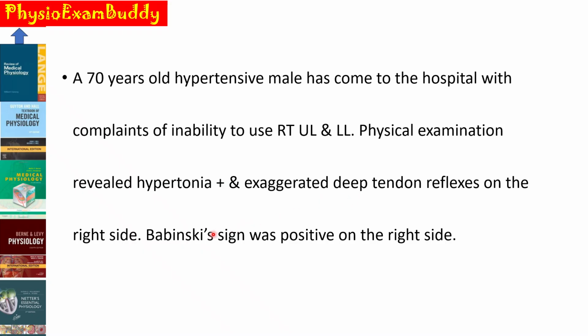Here there is one more additional sign, that is Babinski sign is positive on the right side. So if this type of case scenario comes, most probably the lesion will be in the pyramidal tract or in the corticospinal tract. So today we will see in detail about the corticospinal tract or the pyramidal tract.